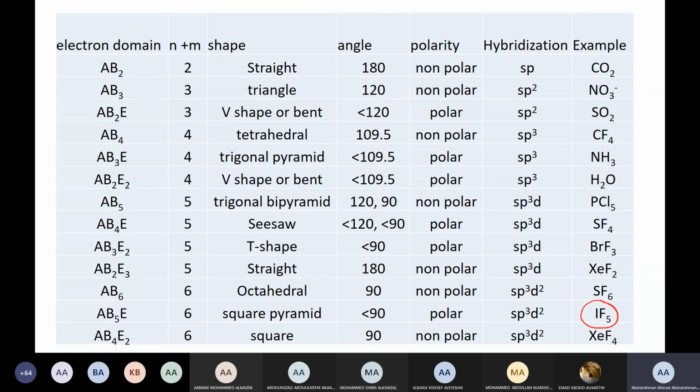I can ask you many questions. If I ask you what's the shape of this molecule, what's the very first thing you must do? Find the electron domain. Lewis structure first. You must draw the Lewis structure, which we took where? In chapter 8. And I will do it like this.